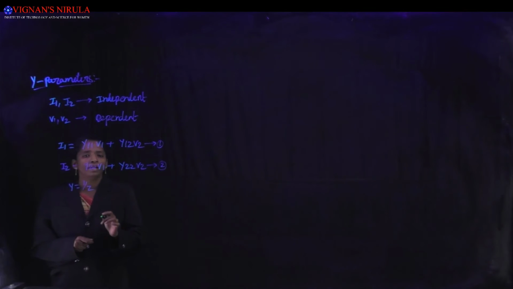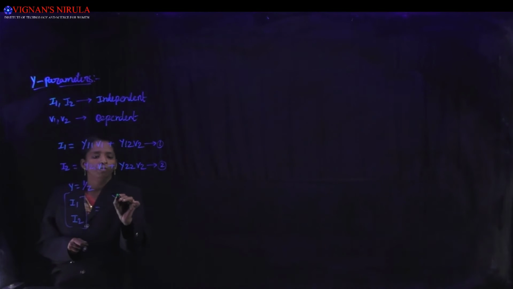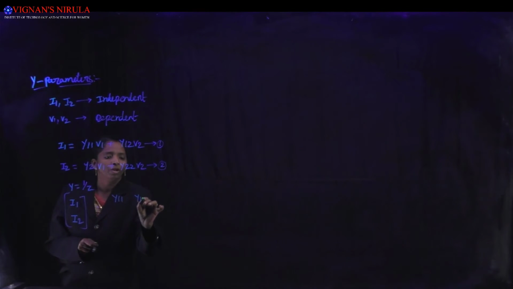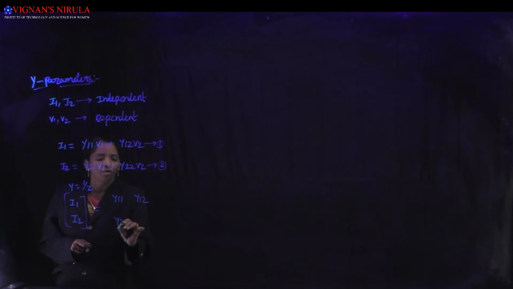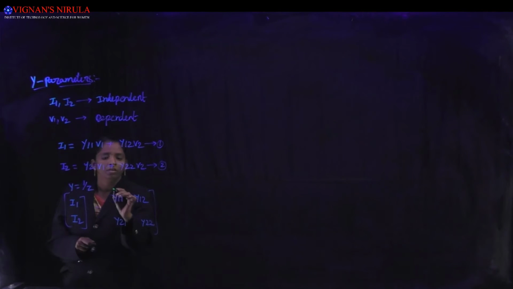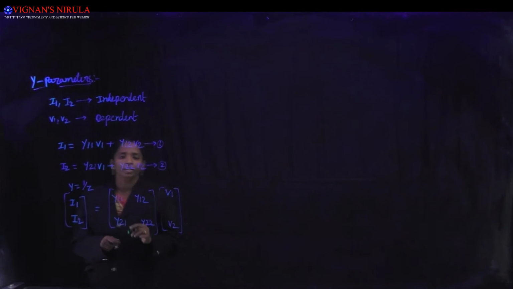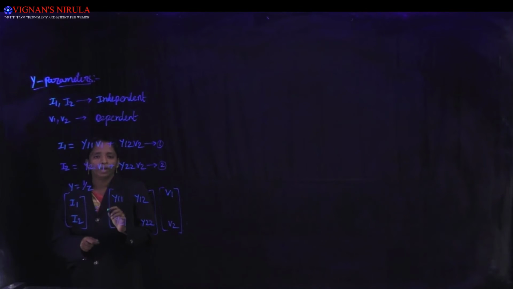Now write the matrix for Y parameters: I1, I2 equal to Y11, Y12, Y21, Y22 into V1, V2. Okay, this is the matrix for Y parameters.